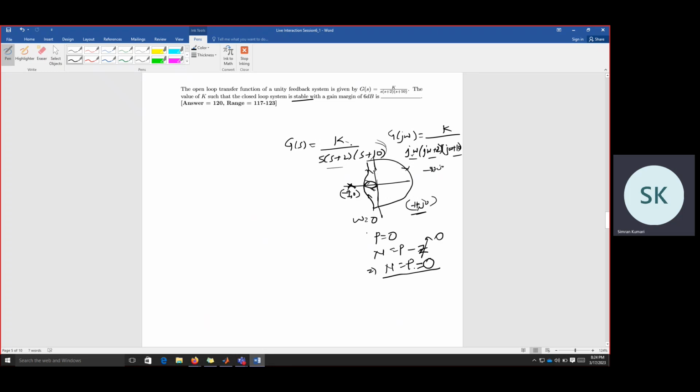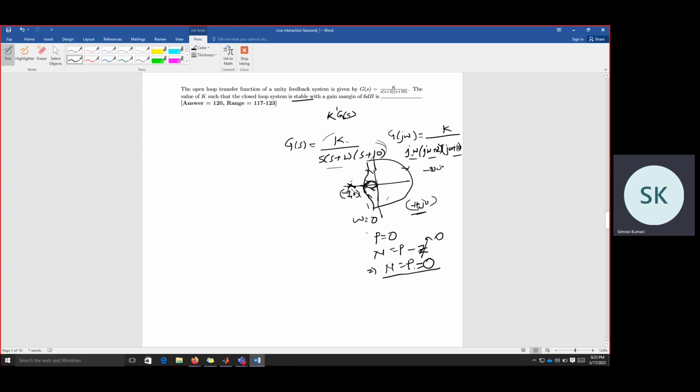Gain margin is the gain by which, when the plot crosses minus 180 degrees, G(s) should be multiplied so that the Nyquist plot passes through minus 1, 0.